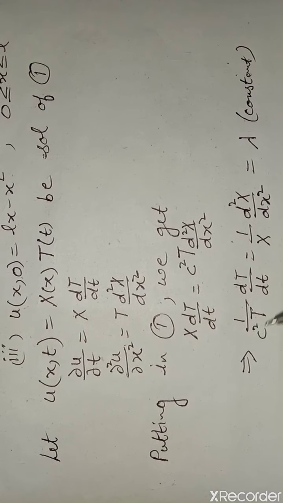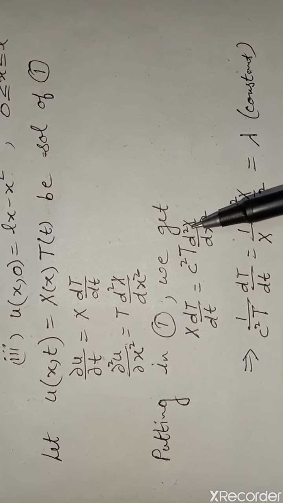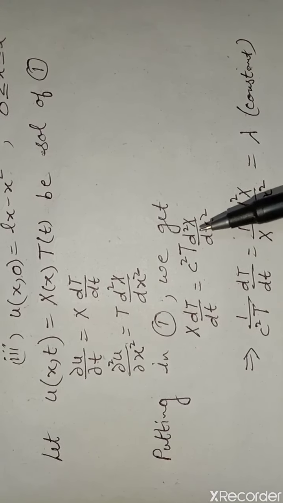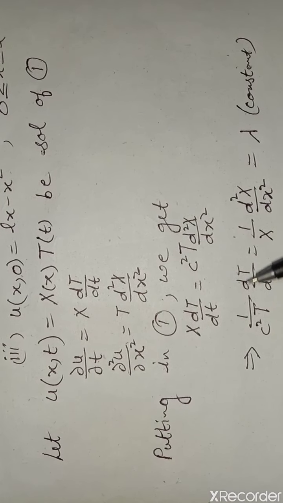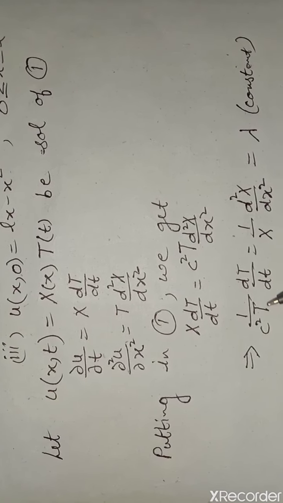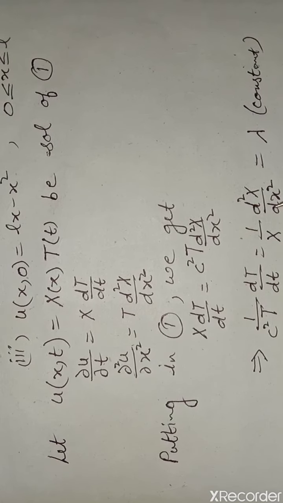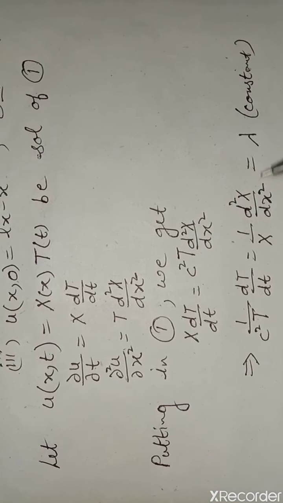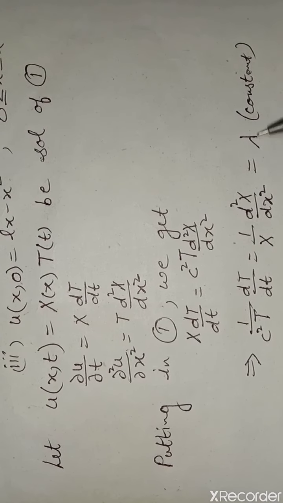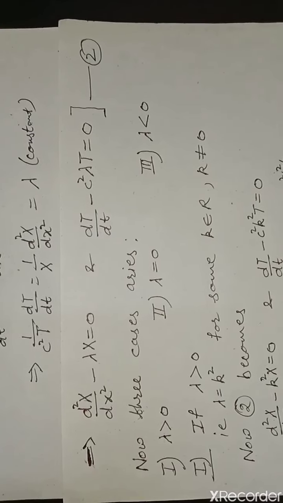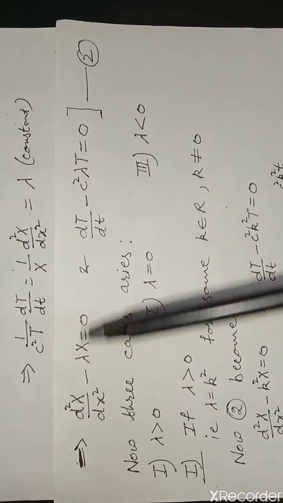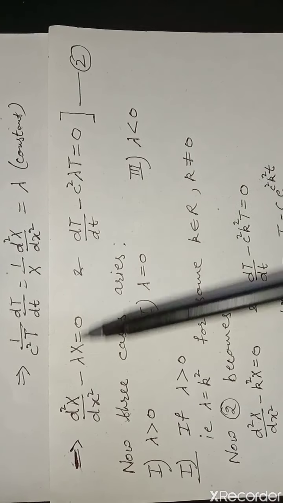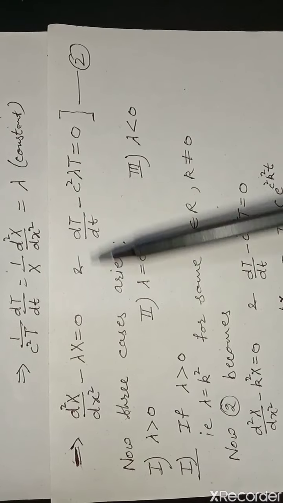Now we bring all the terms of T to the left hand side and the terms involving X to the right hand side, and equate this to some constant lambda. Now we have two ordinary differential equations.